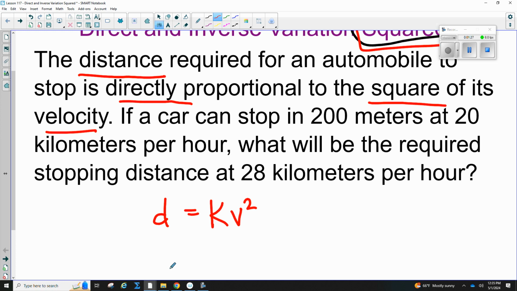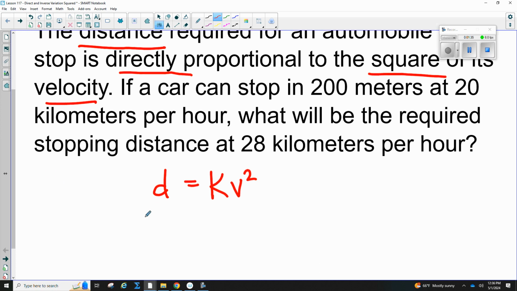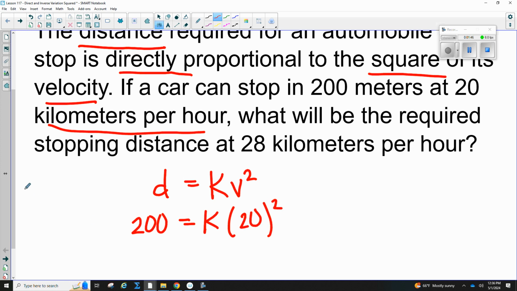If a car can stop in 200 meters at 20 kilometers per hour, so 200 meters is the distance, okay? And this kilometers per hour is a speed or a velocity, so 20 gets plugged in for V. All right, they give you a point to plug in to find K, right?